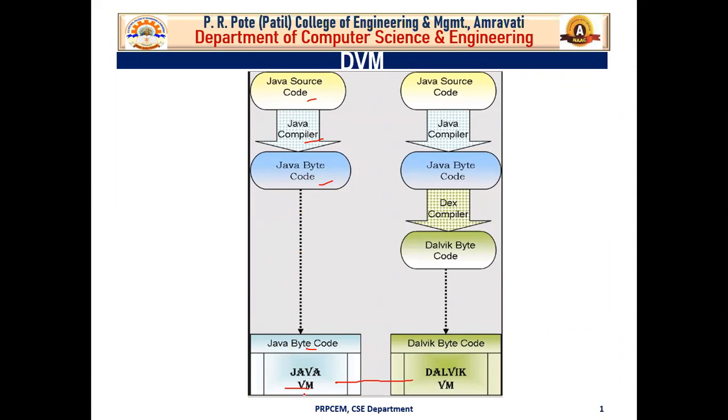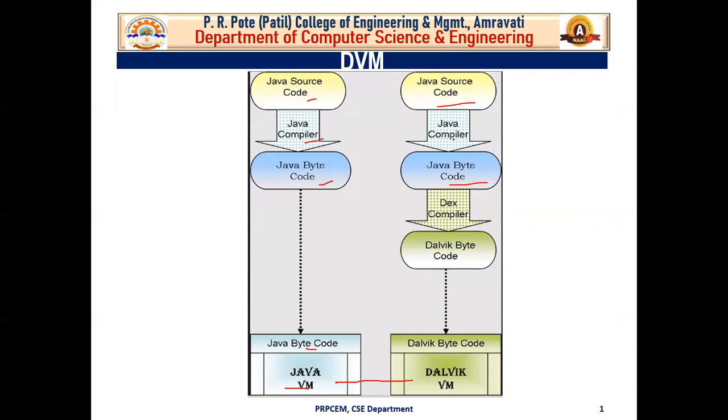In the case of Android, the Java source code is also compiled into Java bytecode by using the Java compiler.